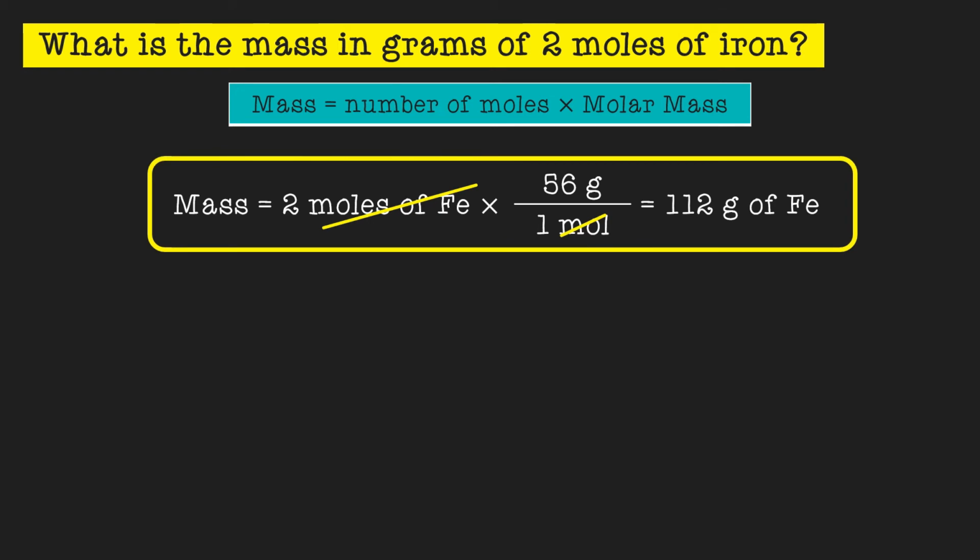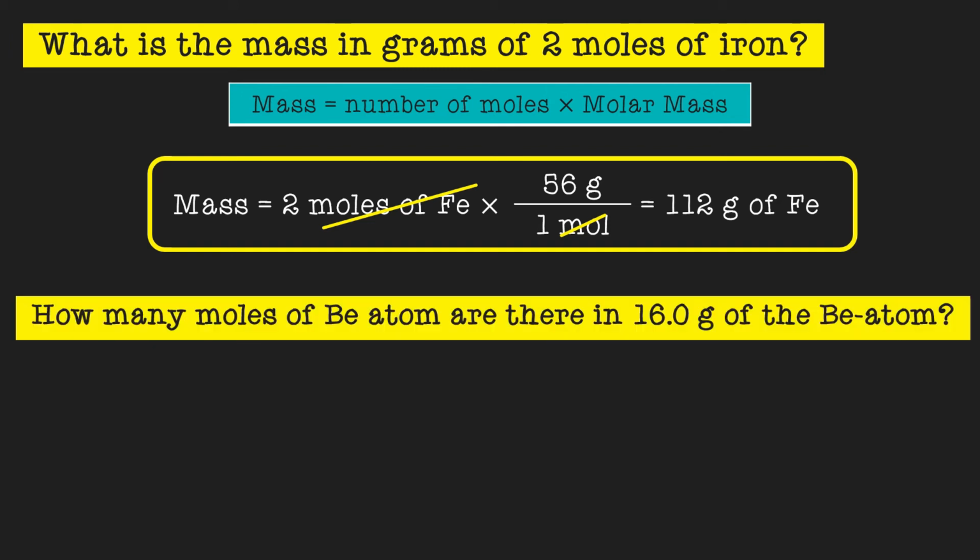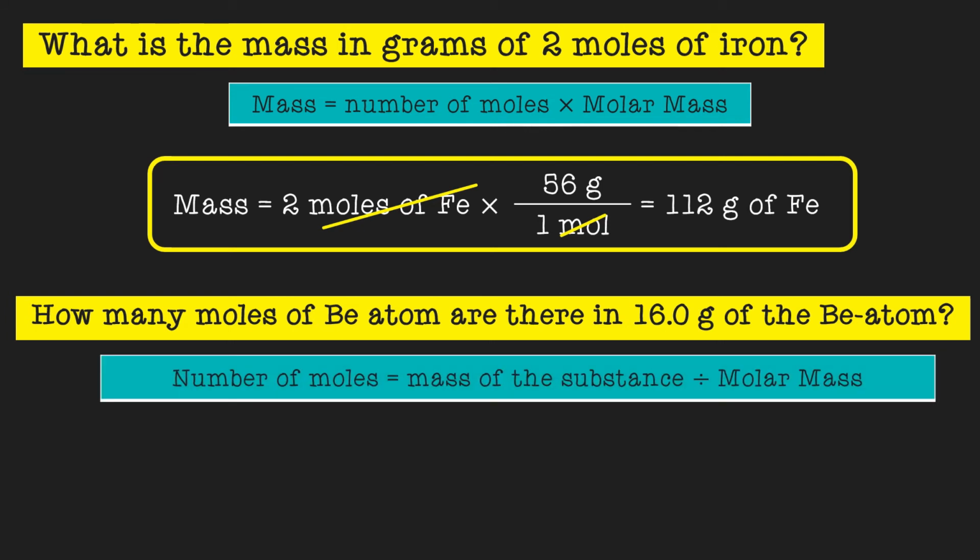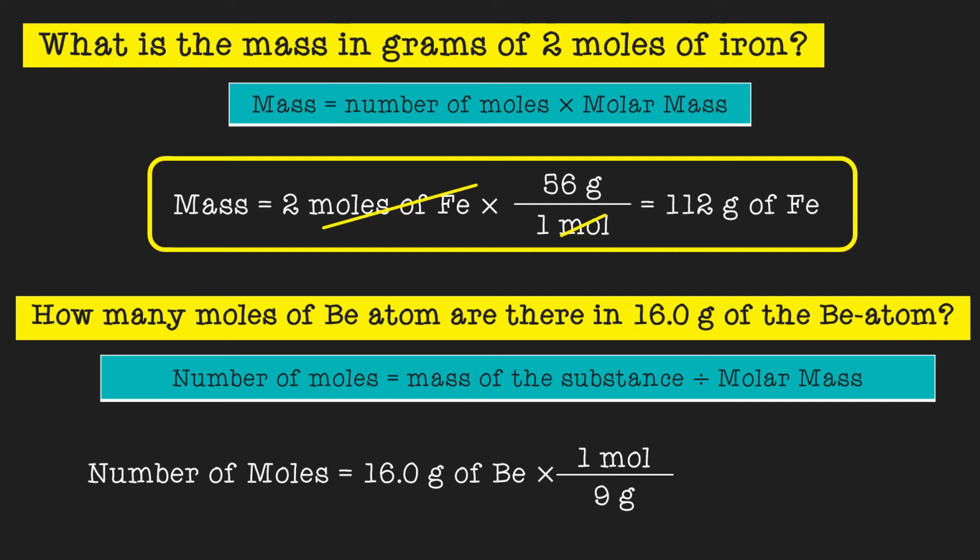Let us try another example. How many moles of beryllium atoms are there in 16 grams of beryllium atom? To find the number of moles, use the following formula. Number of moles is equal to the mass of the substance divided by the molar mass of the substance. Substitute the mass of the substance with 16 grams of beryllium times 1 over the molar mass or the atomic mass of beryllium.